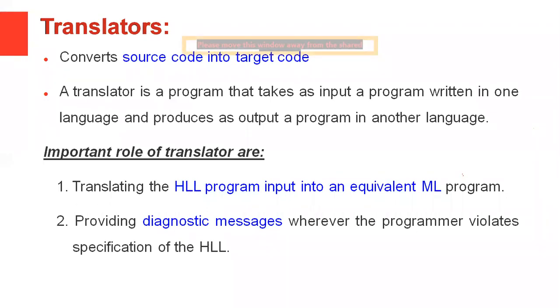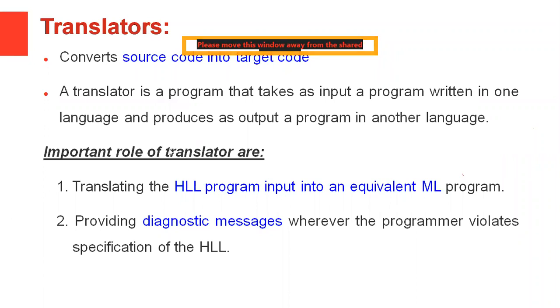So here the translator is converting a source program into target code. A translator is a program that takes as input a program in one language and converts it into another language as the output. So that is the translator.